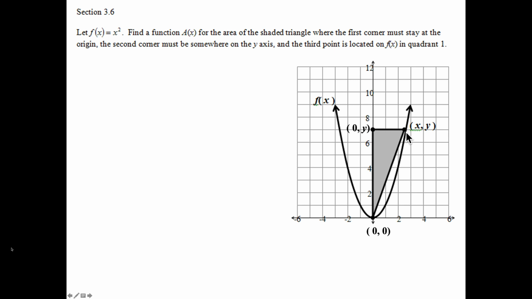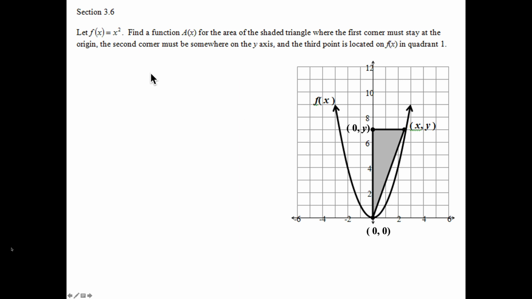So this means that this point can move anywhere on the function. If we slide it down to here, based on where the x is at, we want to know what the area of this right triangle is. If we slide it down further, the area is getting smaller. All right?